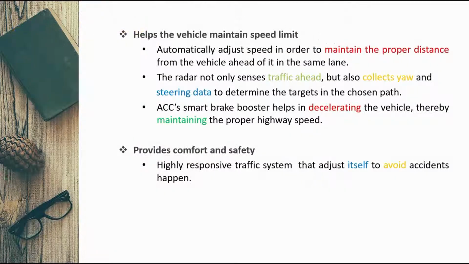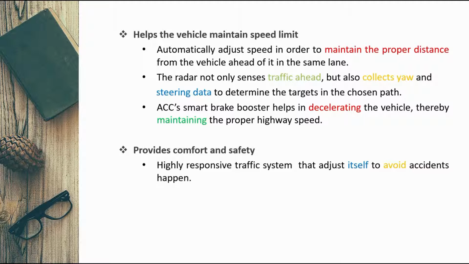Alright, for the second point in advantages of the adaptive cruise control system, I will talk about helping the vehicle maintain speed limits. It automatically adjusts speed in order to maintain the proper distance from the vehicle ahead of it in the same lane.